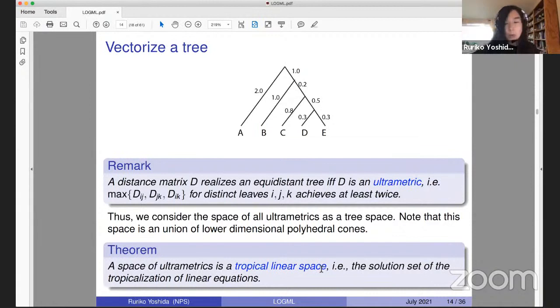A bunch of people proved this before. So now I'm going to talk about tropical. What does tropical mean? I'll talk about that. This is why we are using tropical geometry for principal component analysis, because it's such a natural way to look at the tree space.